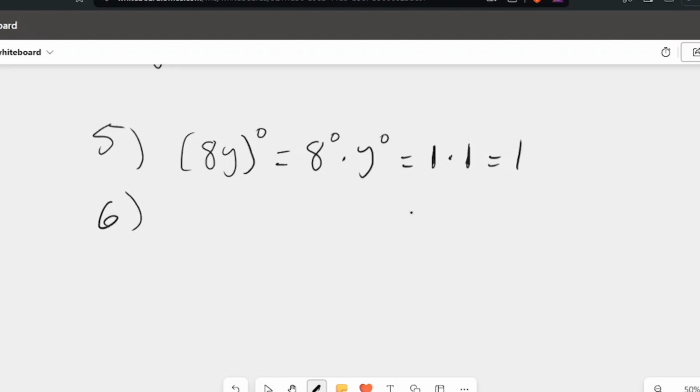Say we have a reciprocal now we want to deal with. We'll just say alpha to power 5. So say negative alpha to the reciprocal of 5.